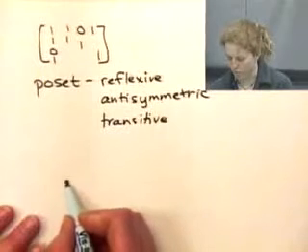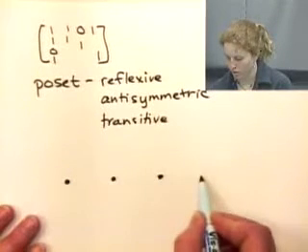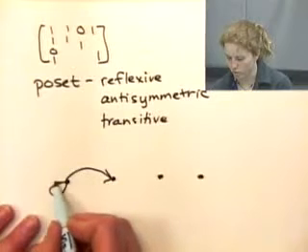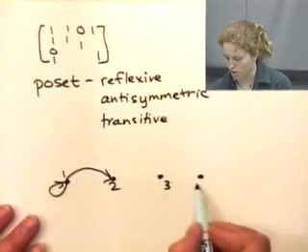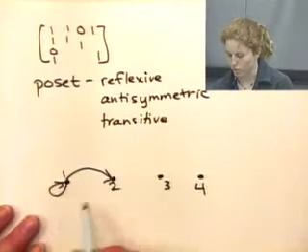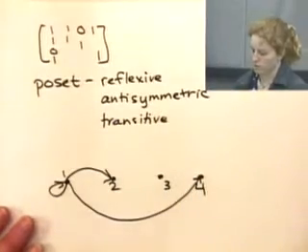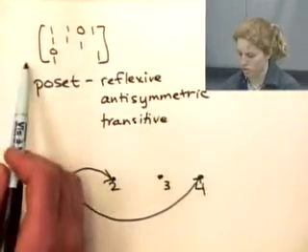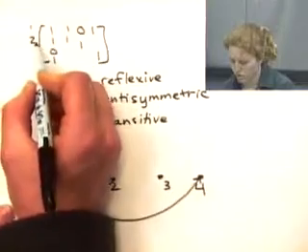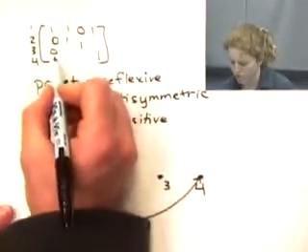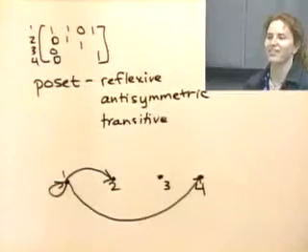I'll draw a graph for this while I'm doing it. So I just put 1 to 2. 1 goes to 1. And 1 goes to 4. I just made it symmetric, which isn't allowed, right? Okay. There we go.